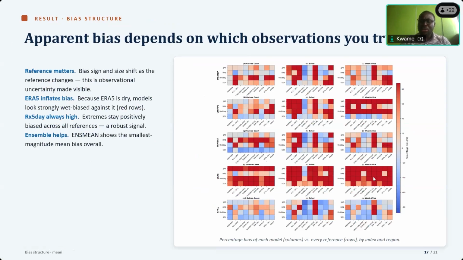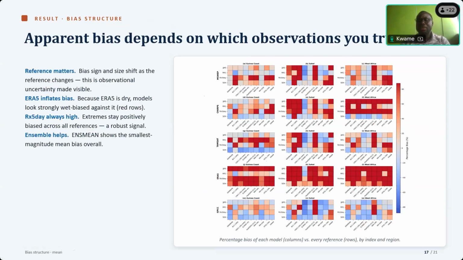The picture looks quite different over here when it's compared to the GPCC reference data. For the GPCC, you realize that models are not able to capture up to the amplitude of the GPCC, in most cases showing an underestimation.